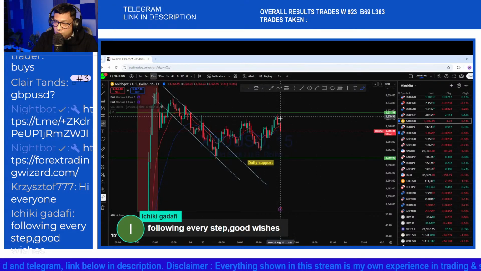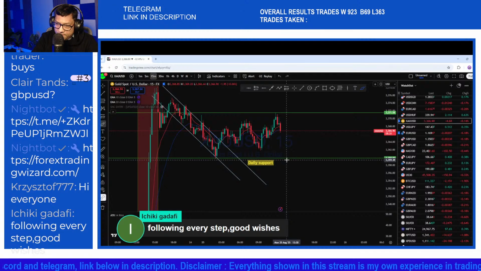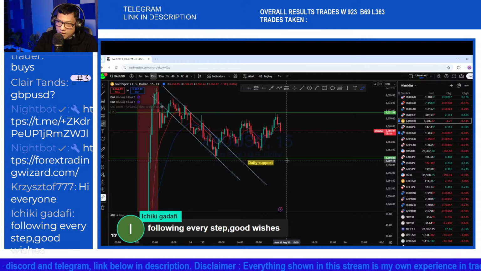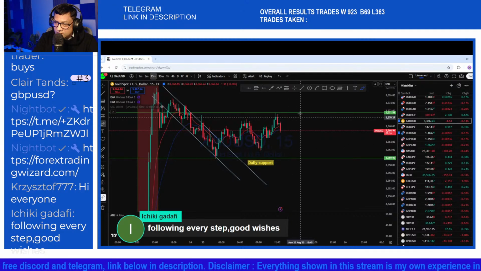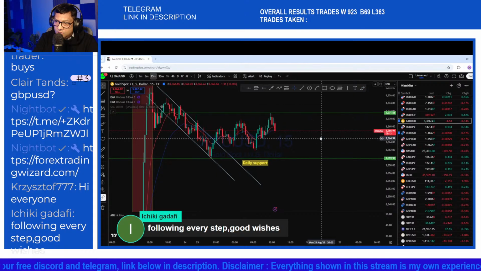We see that slowly the market is trying to build that pressure back below, and expecting the market to retest and then reject back again to the upside here.